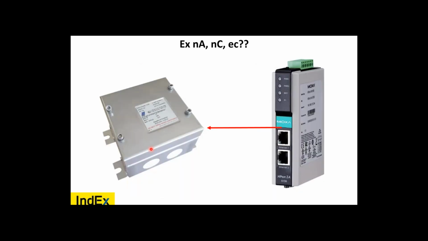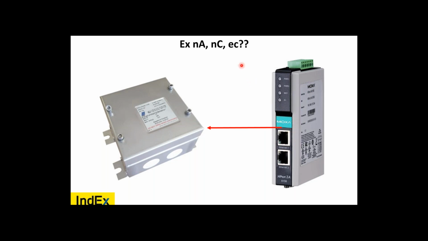Now, what do we have here? Well, we have an Ethernet switch or port. Is it Ex nA, nC, or Ec? Well, a combination. The terminals are always going to be an nA or Ec, but internally, it's nC.